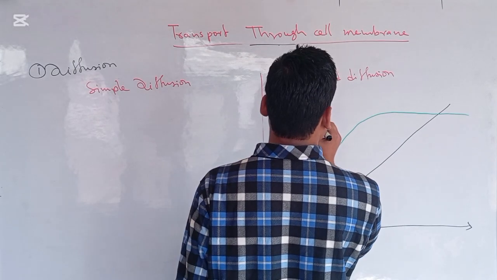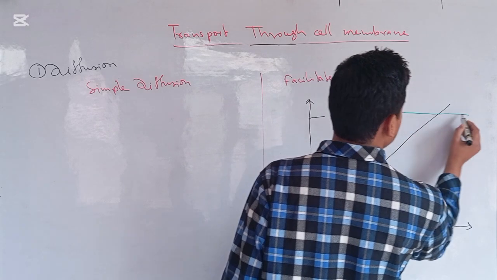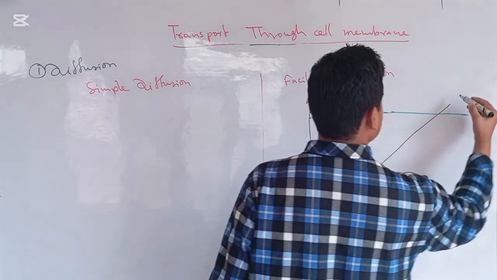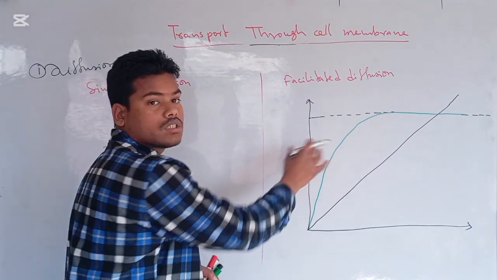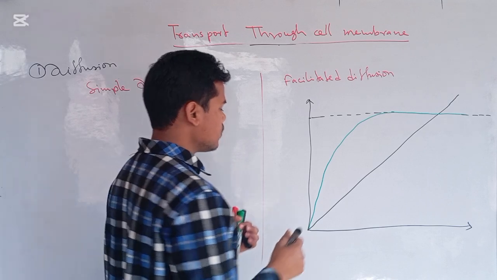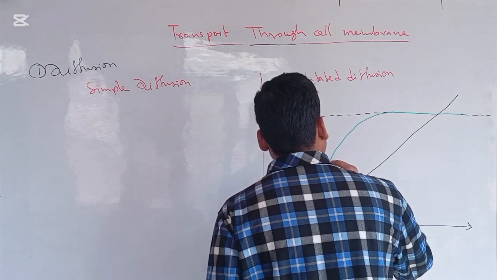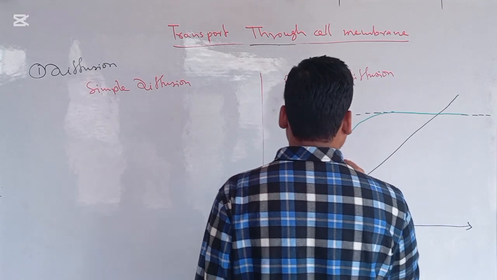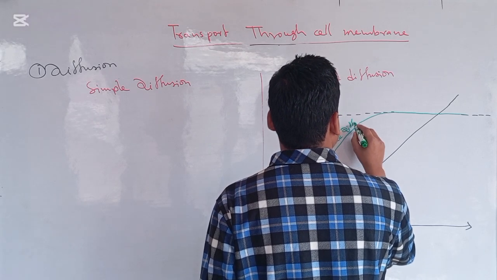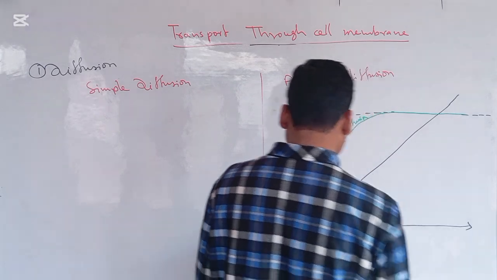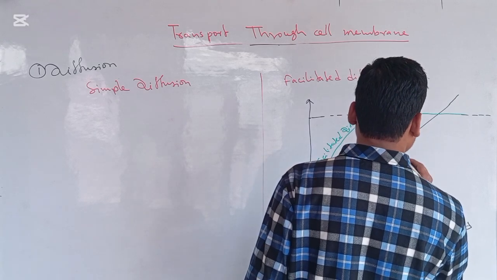See the different curve of this graph. This curve, this green curve, is of accelerated diffusion, and this straight line is of simple diffusion.